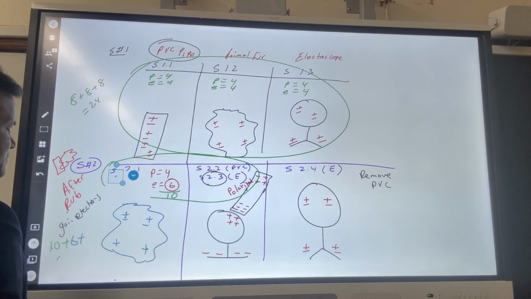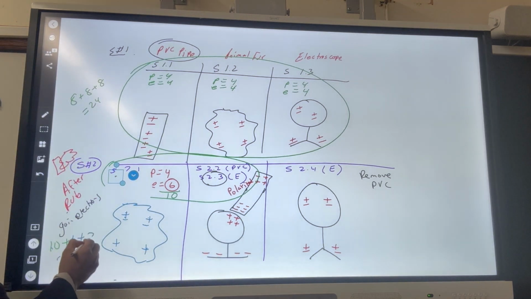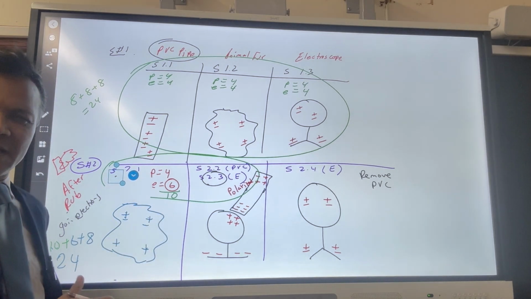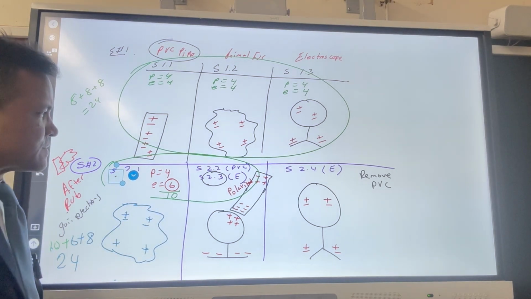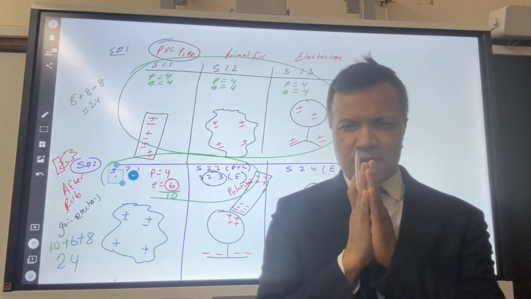Let's look at the electroscope. Electroscope has 1, 2, 3, 4, 5, 6, 7, 8. All right, so 16 plus 8, 24. Okay, so conservation of charges, we show the conservation of charges. Good. This is charged by induction.